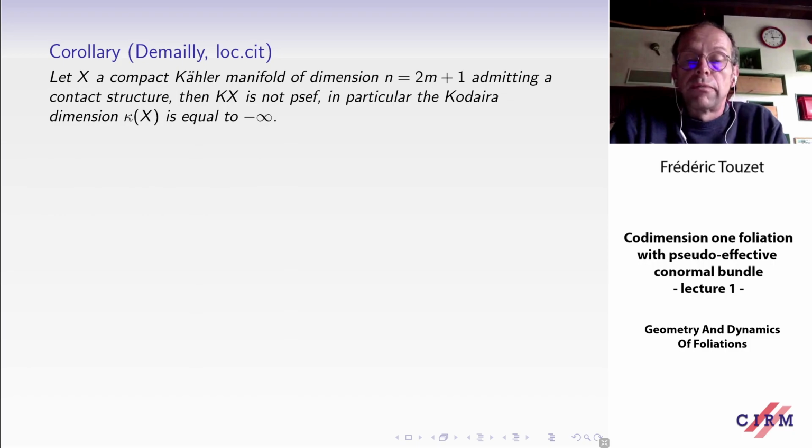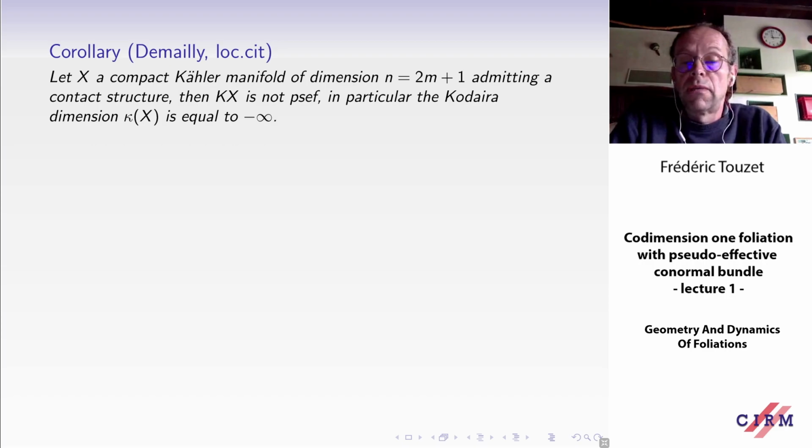There is a both elementary and elegant corollary of these results, which is the following: if you consider an odd-dimensional Kähler manifold which admits a contact structure, its canonical bundle cannot be pseudo-effective.